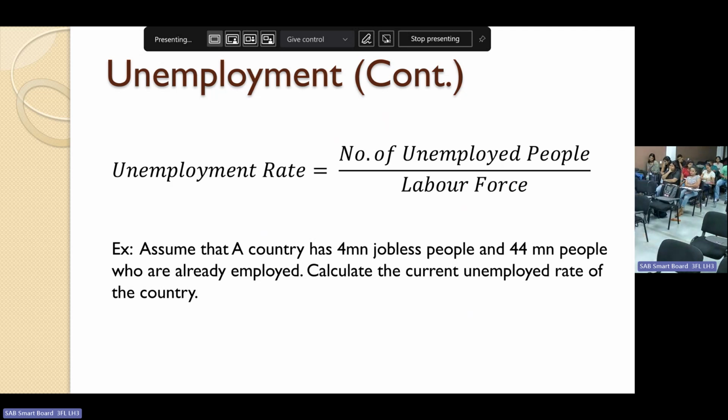Now, if we have 4 million jobless people and 44 million employed, the labor force is 48 million. So we take the 4 million and divide it by the 48 million, and we can calculate unemployment.